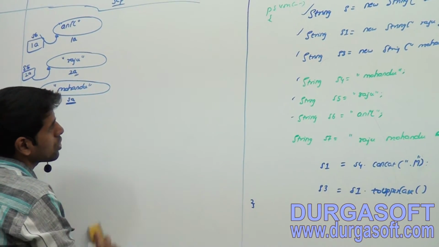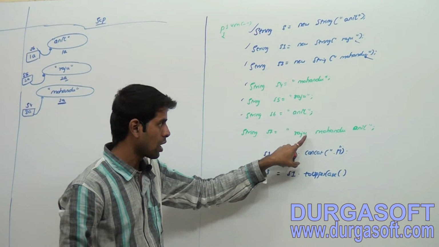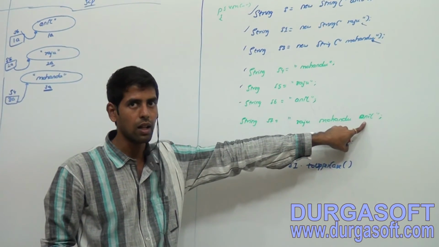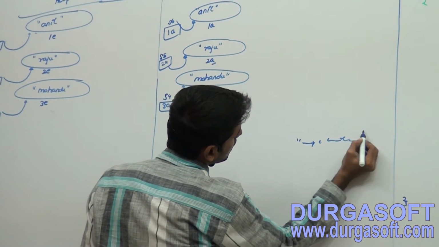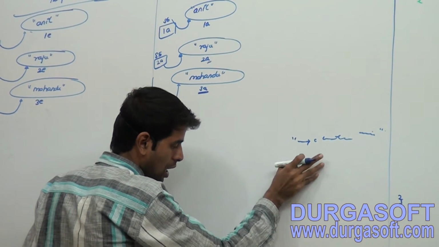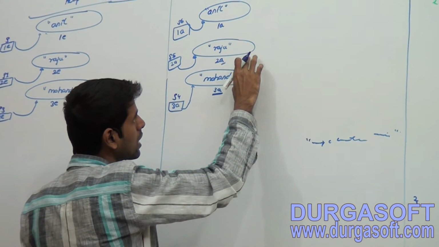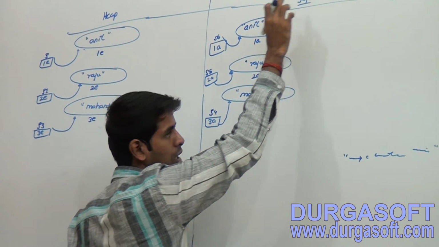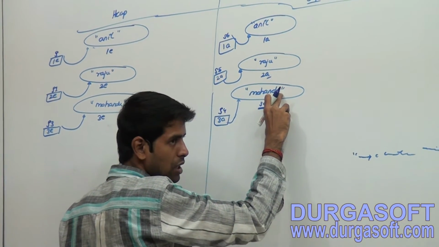Now observe here. String S7 equals Raju Mohandu Anil. The Raju Mohandu Anil string literal will be considered. Is this string literal available with any of the object data available at the SCP area? Is Raju Mohandu Anil available within this?